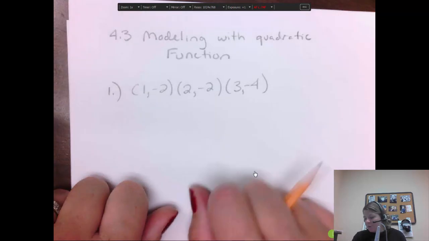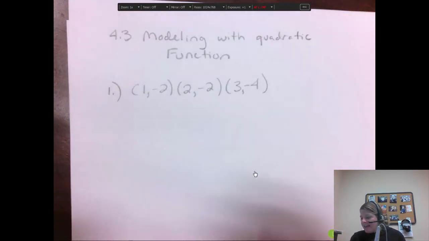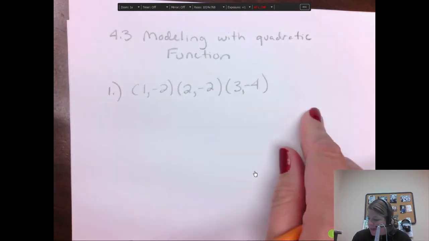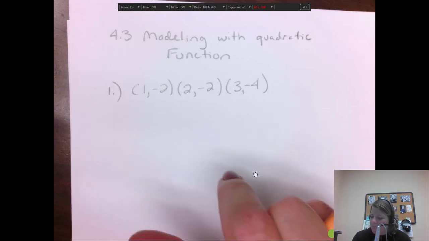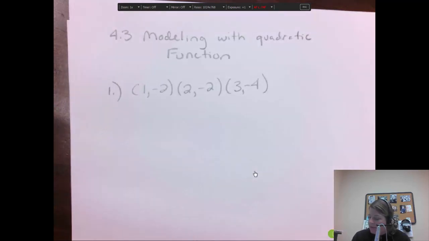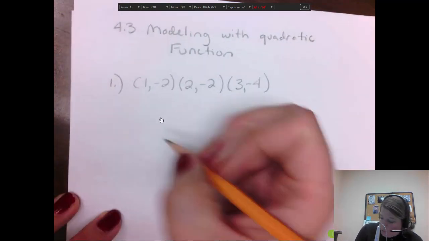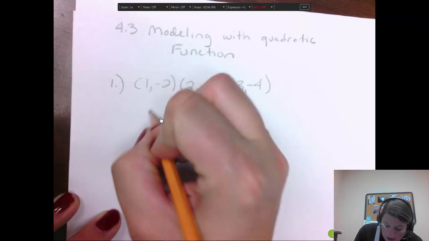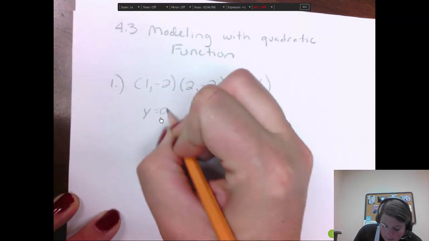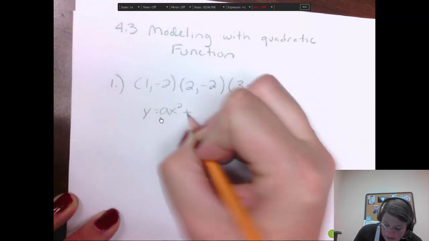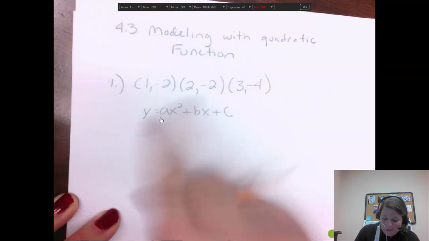So what we want to start with is we're going to take each point and plug it into our general standard form, and then solve. Here's what I mean. We have y equals ax squared plus bx plus c. There's our standard form.